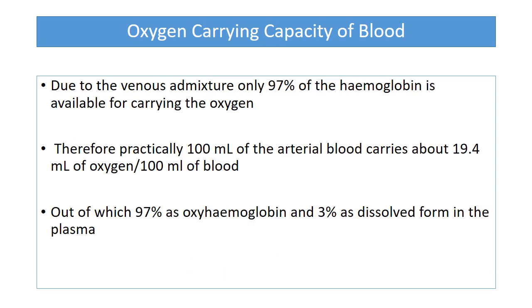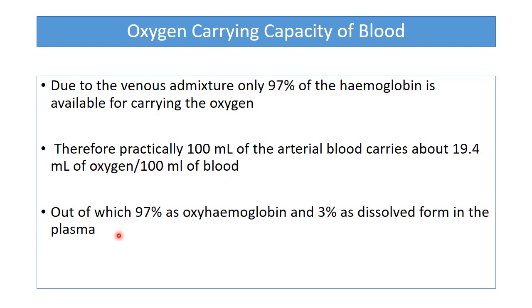But due to the venous admixture that we discussed before, only 97% of the hemoglobin is available for carrying oxygen. Therefore, practically 100 milliliter of arterial blood carries about 19.4 milliliter of oxygen, not 20.1 milliliter.